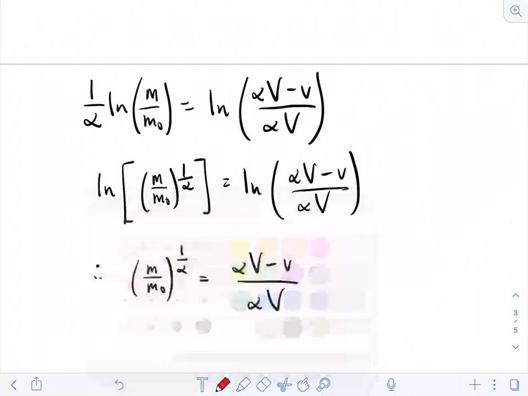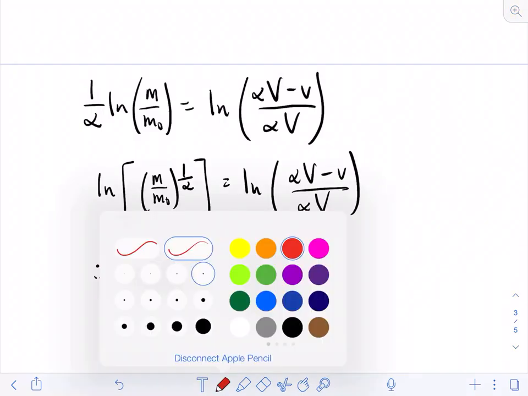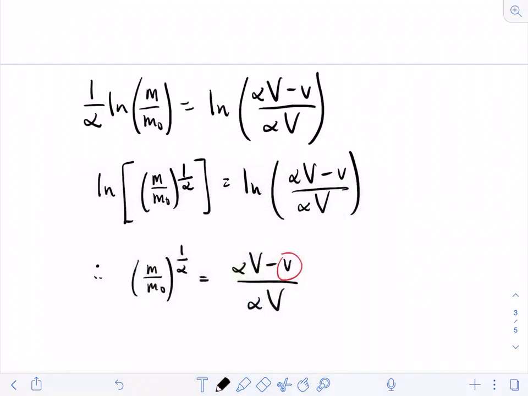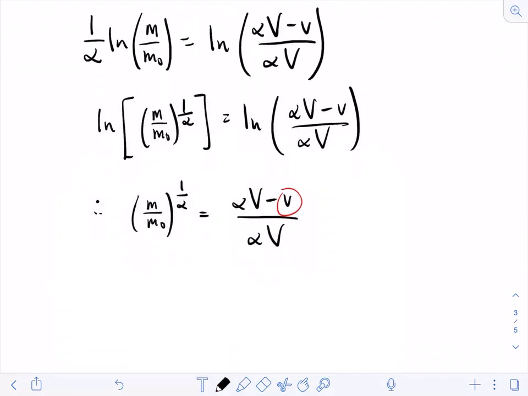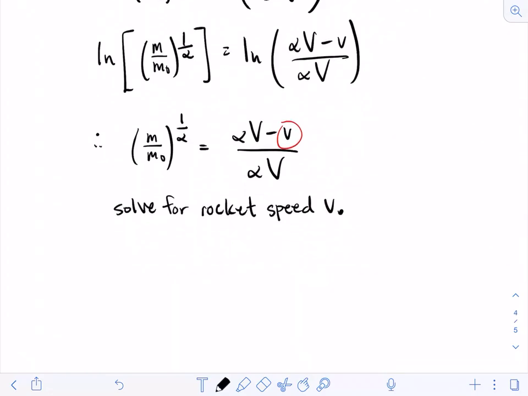What we wanted to do is solve for the speed of the rocket, and the speed of the rocket is right here as a function of the mass as we burn that fuel off. So let's solve for the rocket speed, v, and then we'll be done.